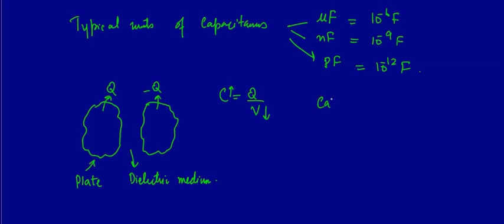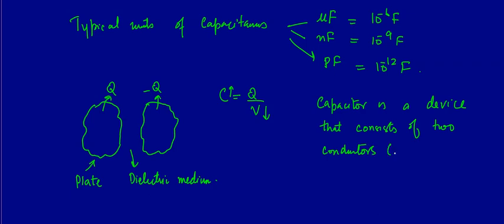So a capacitor is a device that consists of two conductors called plates separated by a dielectric medium.